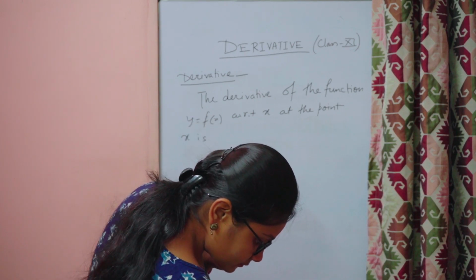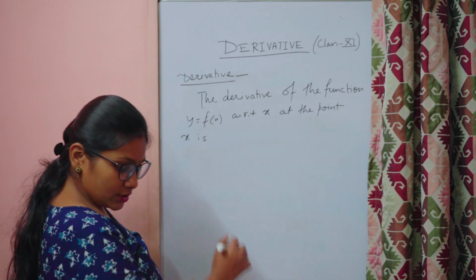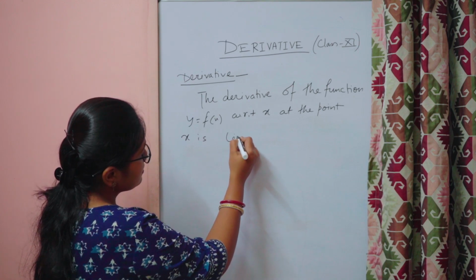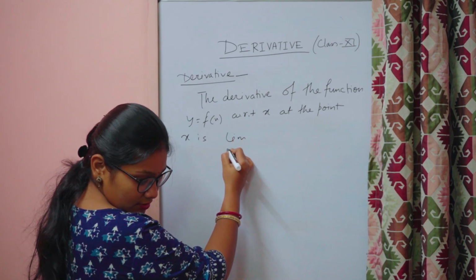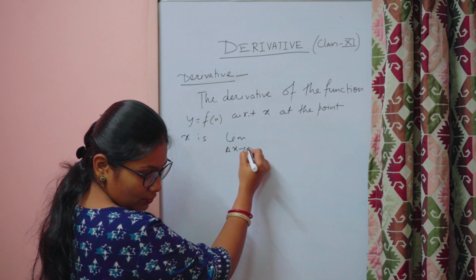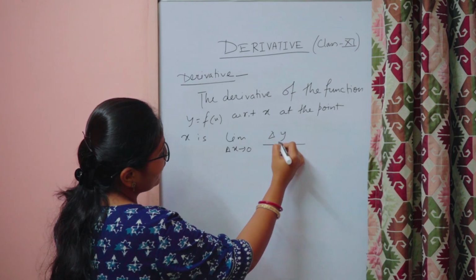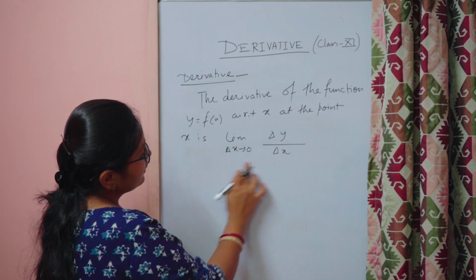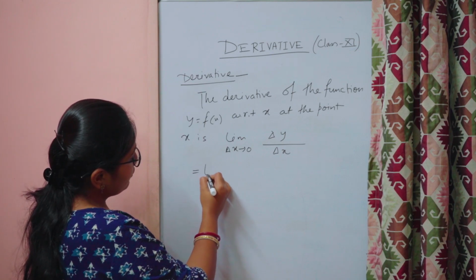So what you will get: limit del x tends to 0, del y by del x. Taking the limiting value of it.